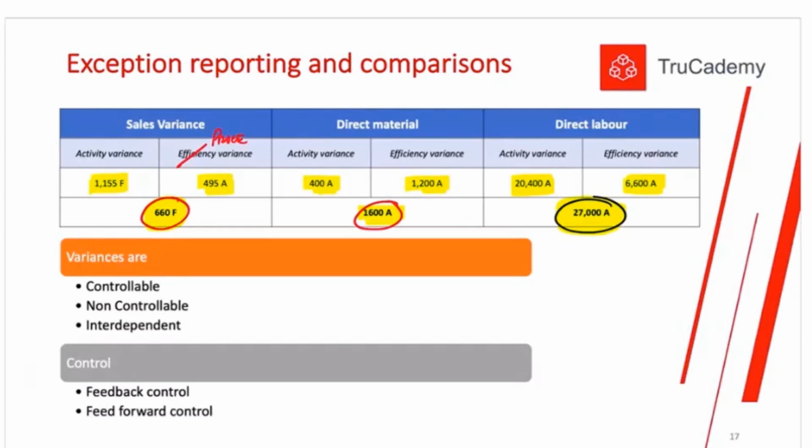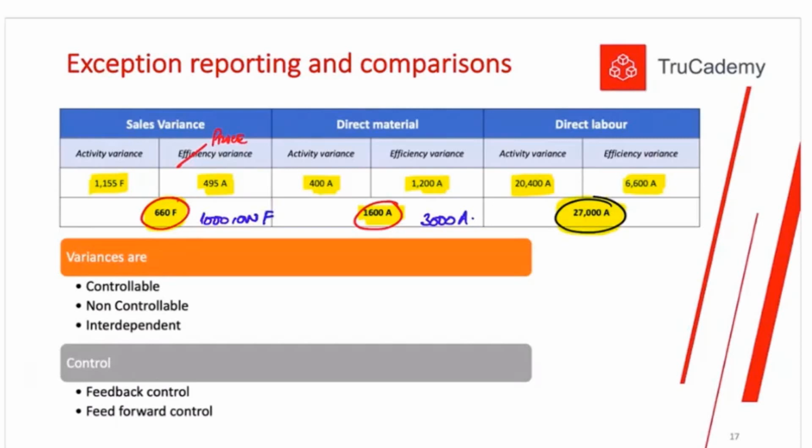But at the same time, if the situation is a little different, I'm giving you an extreme example, sales variance is 1 million favorable. Direct material is 3,000 adverse, the total variance, and direct labor is the same, 27,000. Now this thing is somehow adjustable. Why?